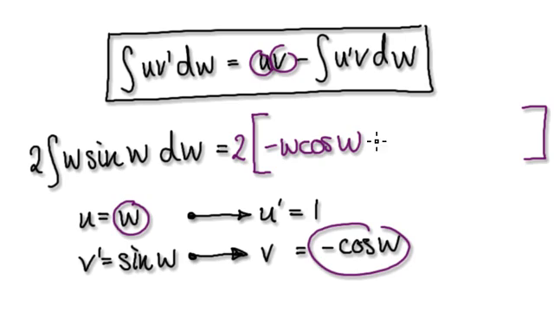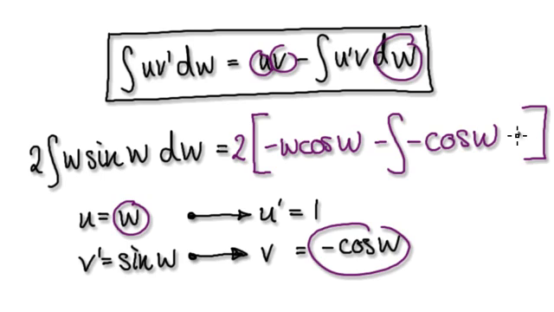cos w here. And then you've got your minus here, minus the integral of, well, it's saying get u prime times v, so that's just cos w, and then dw.